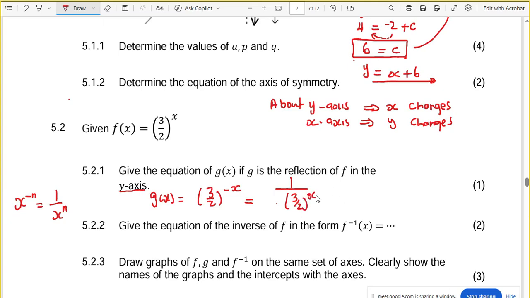Yeah. But remember that I can write this as 1 over 3 over 2, everything to the power x, because this 1 to the power x, if I say 1 to the x over 3 over 2 to the x, 1 to the x is just 1.